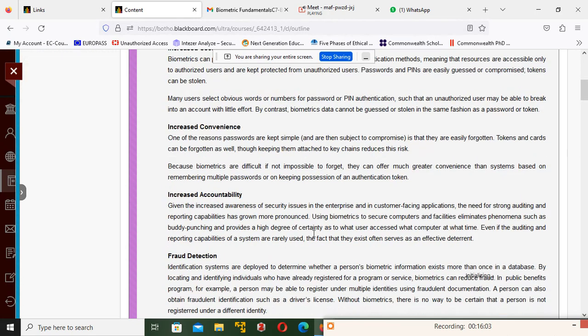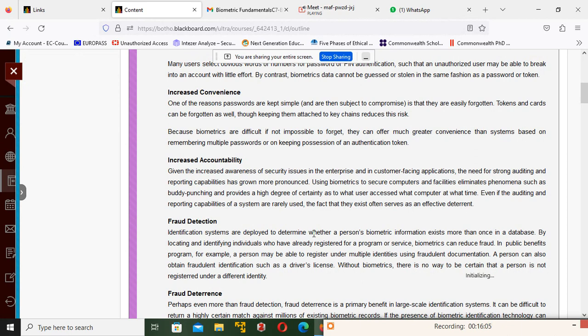The next reason why it is important to use biometrics rather than the traditional usernames and passwords is accountability. Richard was talking about a card. A card is not a biometric system. A card is a normal access control system which is given to you to use. That card can be given to somebody else to use, which doesn't mean that you really came to work.